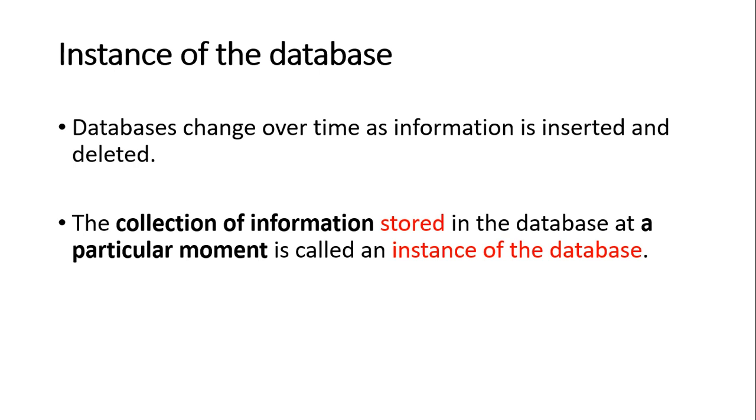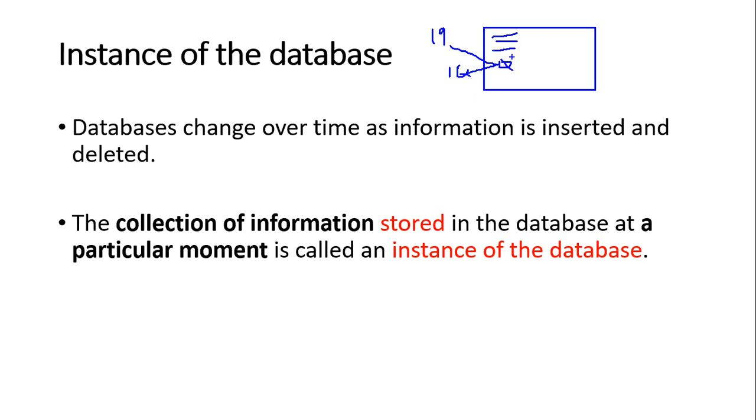So what is the meaning of saying instance of the database? Now we know that the data which is stored in your database changes over a period of time. For example, if nothing else, your age is going to change. When you joined the university, your age was say 16 or maybe 17 years. Now it might be 19 or 21 years.